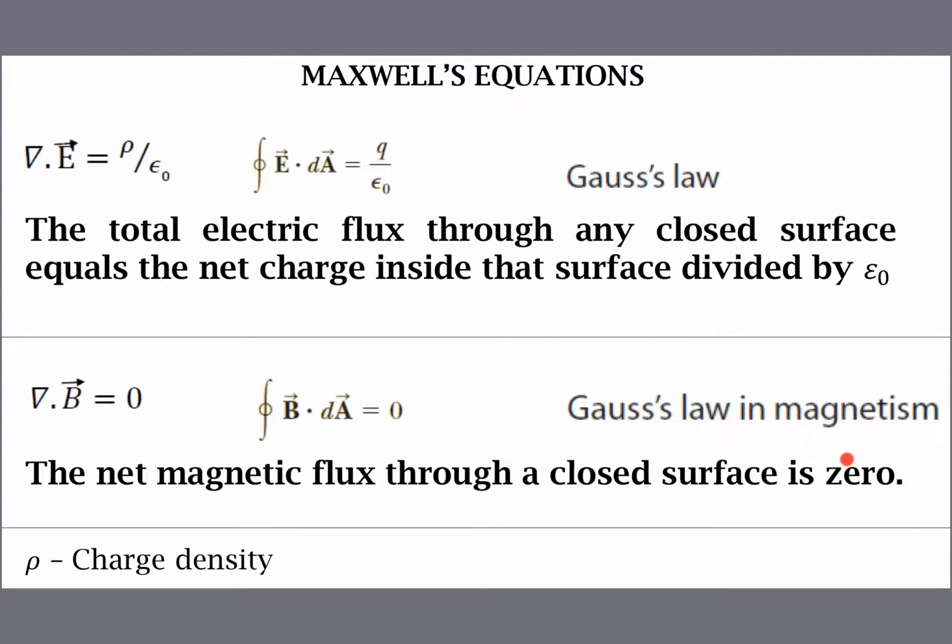This second equation is telling us that the number of magnetic field lines that enter a closed volume must be equal to the number that leave that volume. And this implies that magnetic field lines cannot begin or end at any point.